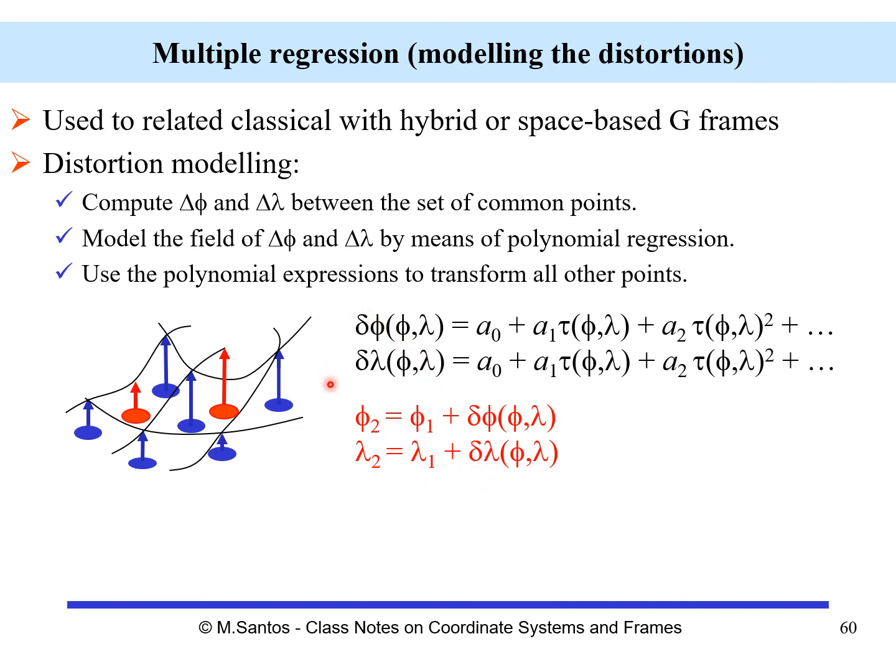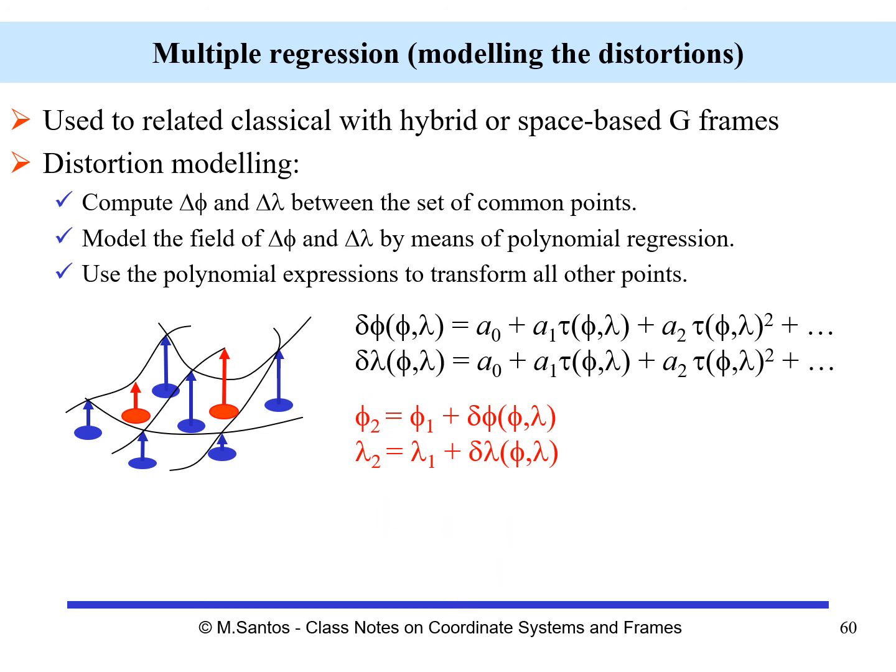With the multiple regression expression, we can determine the values of the correction, because this is now a correction. This represents a transformation value for latitude and longitude, and then we have the values in the second system.